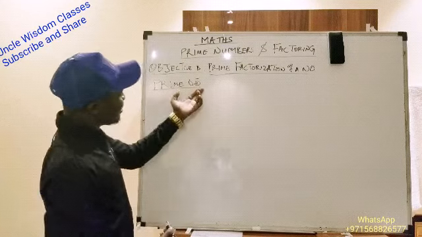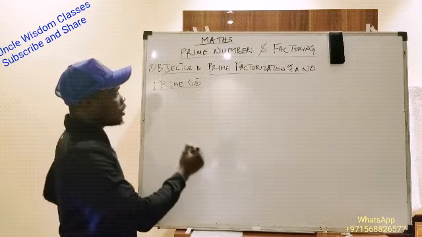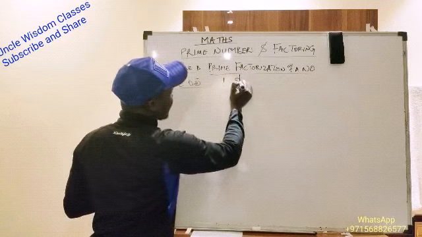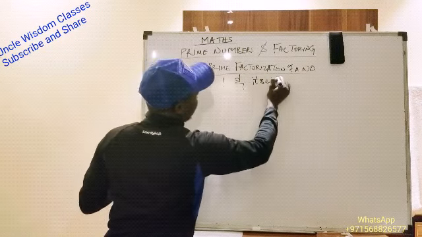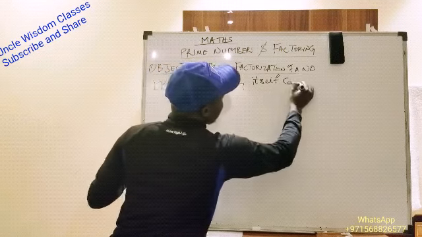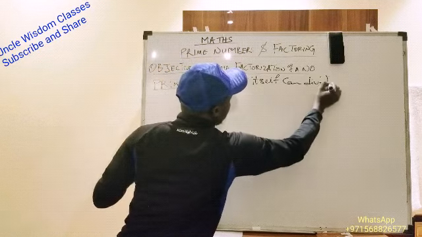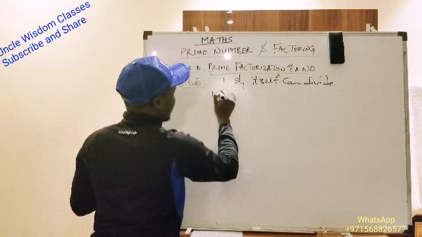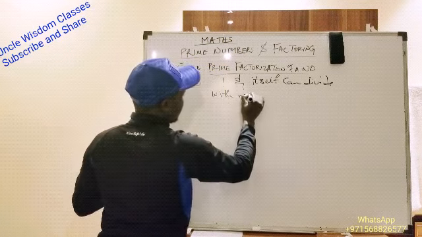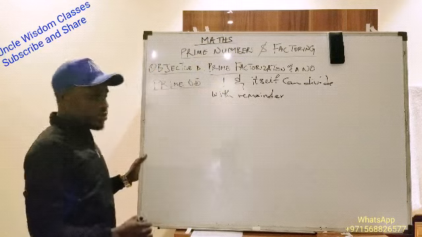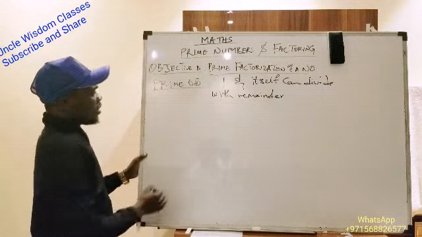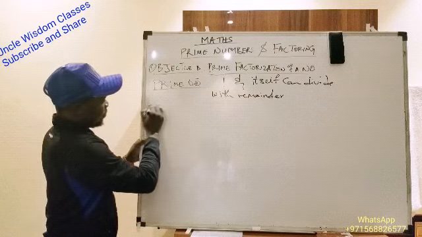A prime number is a number that only 1 and itself can divide without remainder. Are you following? Example.